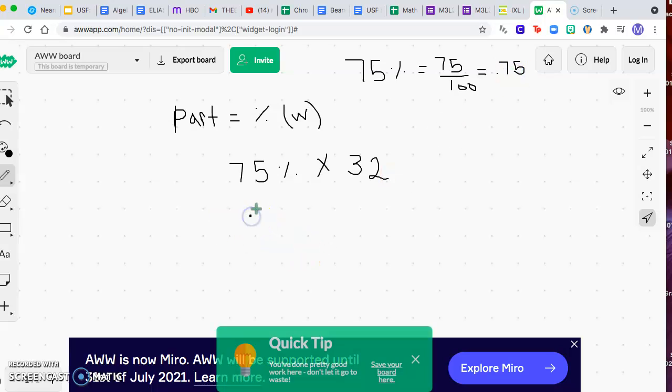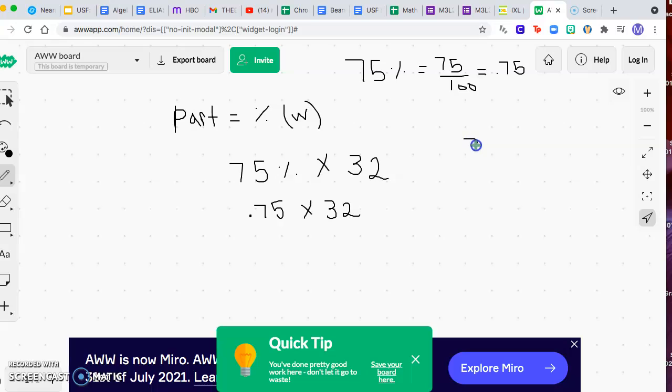So here we do 0.75 times 32. And so that's how you find the percent of 32.